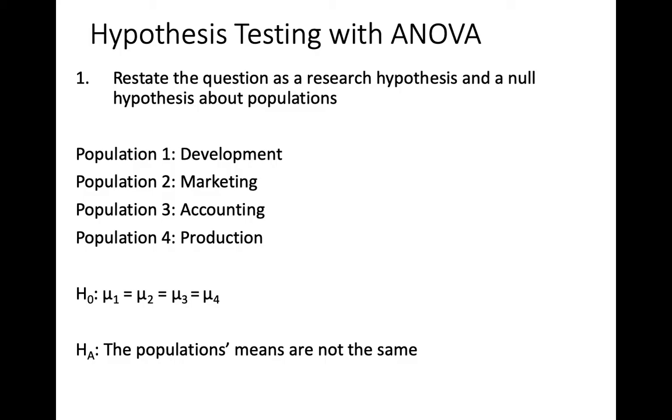Those sample means are so different from one another, that is, there's so much variability among those sample means that it would lead us to this conclusion. We'll reject the null and say that the population means must not be the same because there's too much variability among our sample means to conclude that the means are the same.